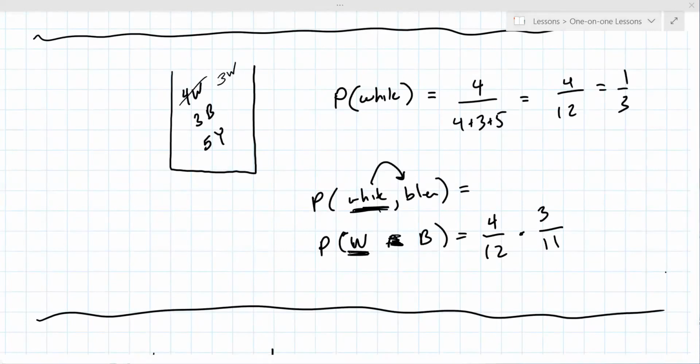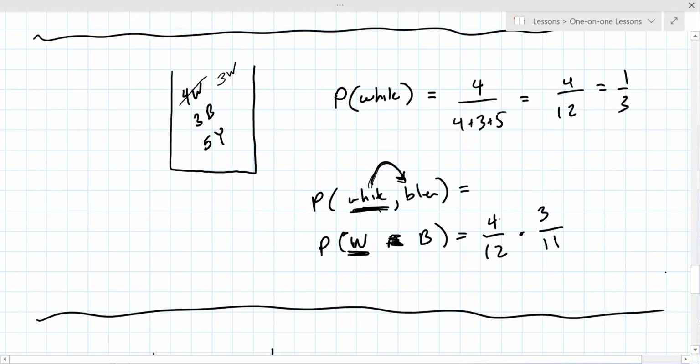Why do you only take... wait, where was it? Oh, 3/11ths. Why are you only taking one? I guess it's blue out, right? Well, this was the scenario where you first get a white one and then you get a blue one.